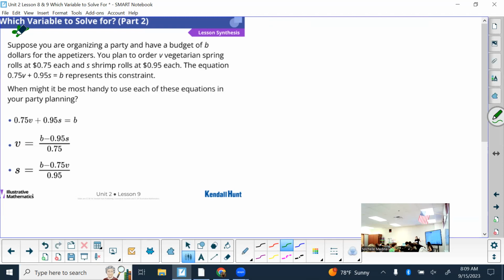Because it's alone. And what does B represent? Budget. So if I am using this equation, it would be most handy when I'm determining something related to my budget, determining if I am in budget or whatever.